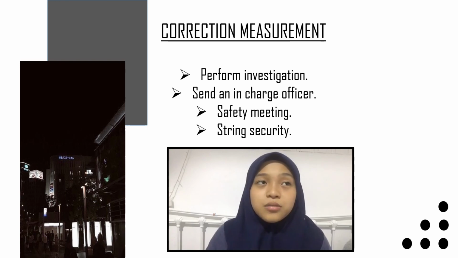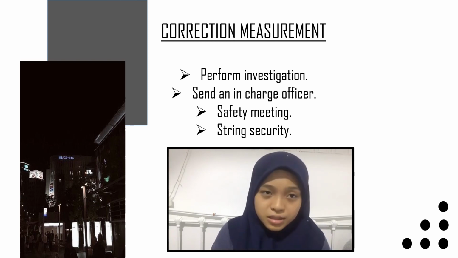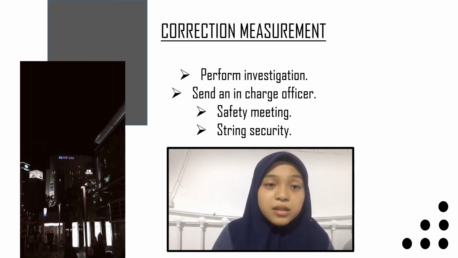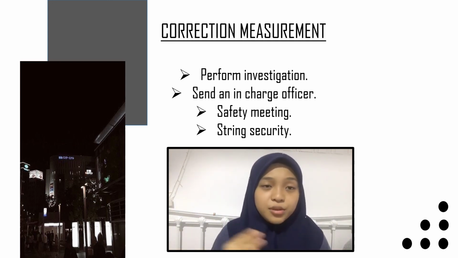Okay, so this investigation also helps to find the weaknesses of the work system. So here we can improve the quality of the work system on the construction site from time to time.